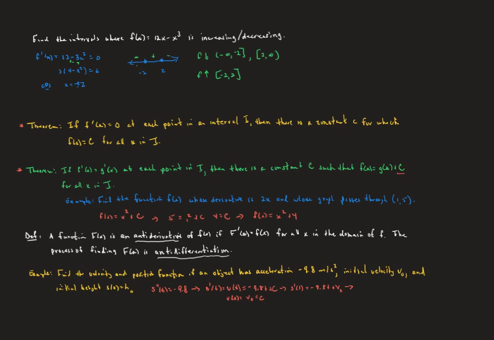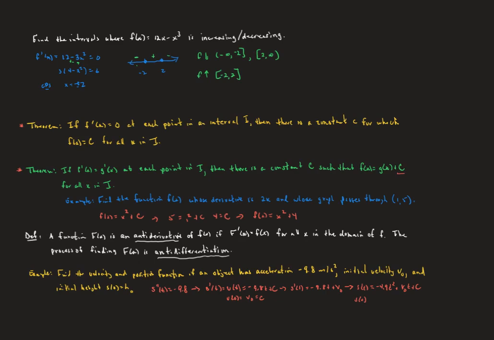We anti-differentiate both sides, getting us to our s of t. When we look for the function whose derivative is t, that's going to be t squared over 2 times the negative 9.8, which makes that negative 4.9 t squared, and then we can anti-differentiate the v sub 0, which makes that v sub 0 t plus a constant.